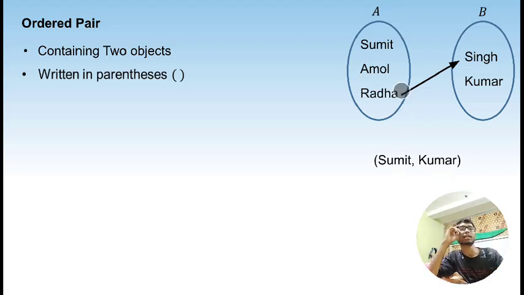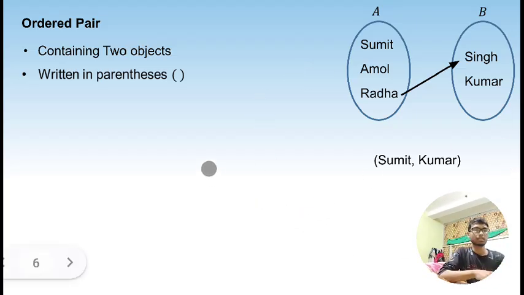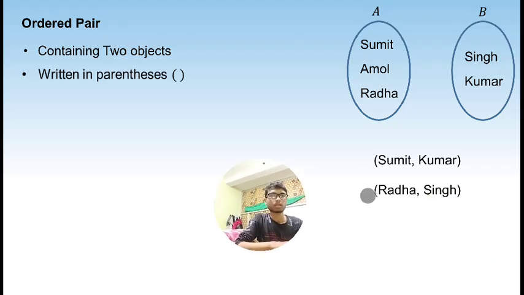Now we have Radha, then Singh. We are saying the relation of this is with this. Then we will write Radha, Singh using parentheses. Here you will see Radha, Singh.